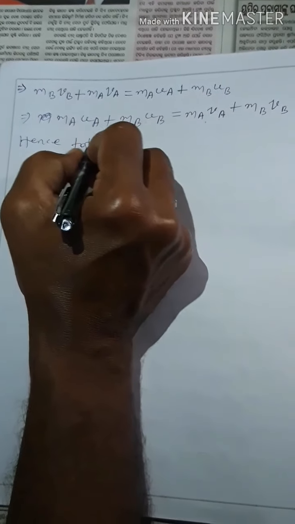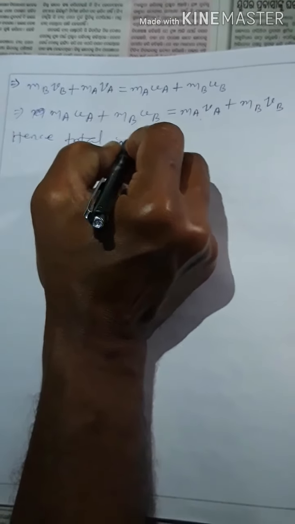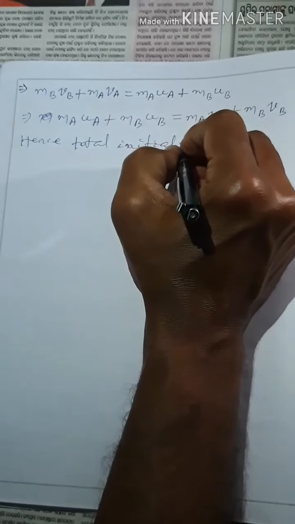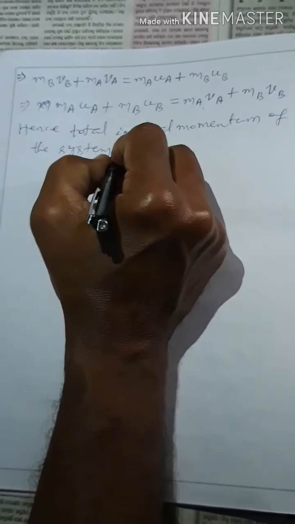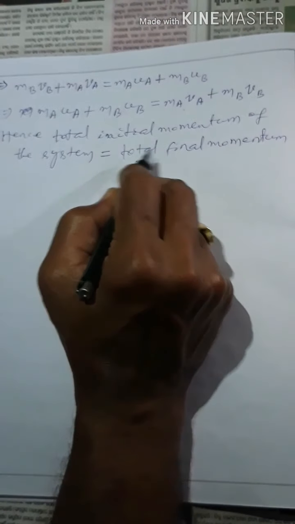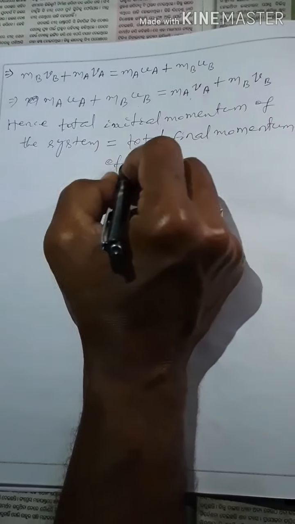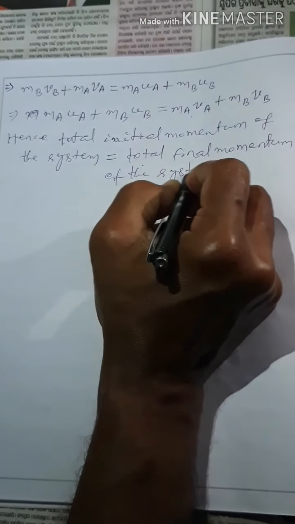Hence, total initial momentum of the system is equal to total final momentum of the system.